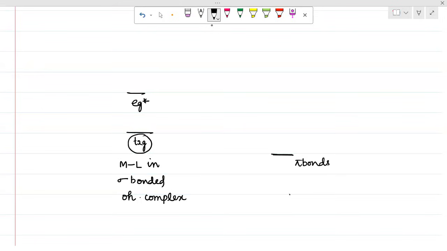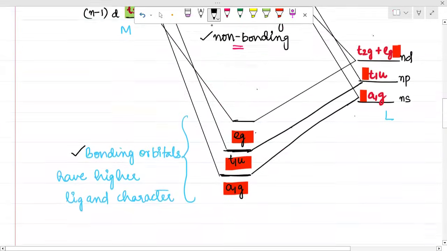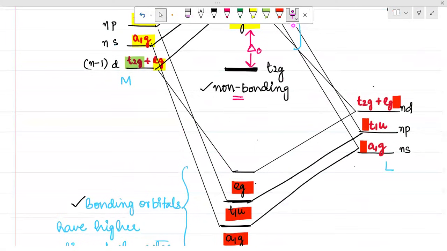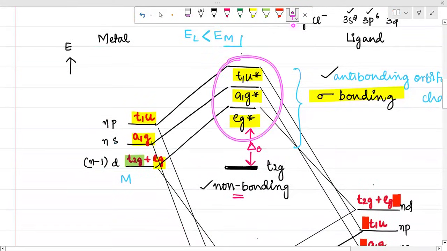Listen to this carefully. Pi bonds would be here, but we are not concerned with the pi bonds. We are concerned with the pi star orbitals of the ligand. Can you understand the difference? See, in the earlier diagrams also, we learned that bonding orbitals would come at the bottom and anti-bonding would come at the top.